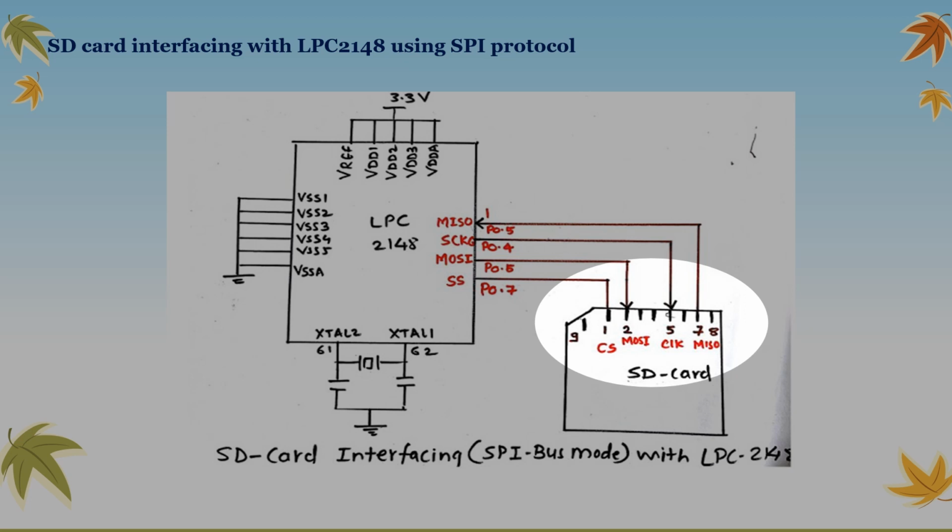They are chip select or CS pin, used as host to card chip select signal. Clock or CLK, host to card clock signal. The third pin is MOSI, master out slave in, host to card single bit data signal. And the fourth one is MISO, master in slave out, card to host single bit data signal.